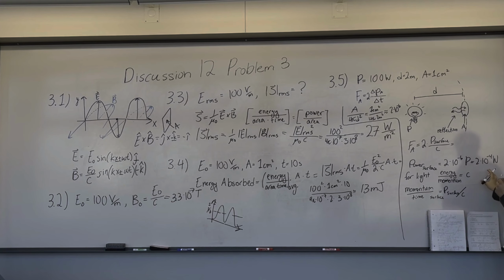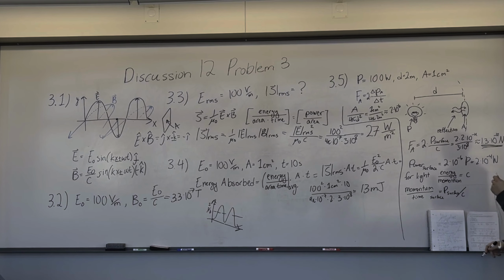Now we just combine everything we found. We get something like 2 times 10 to the minus 4 watts divided by 3 times 10 to the 8 meters per second. And that should equal approximately 1.3 times 10 to the minus 12 newtons. So that's our force right there.